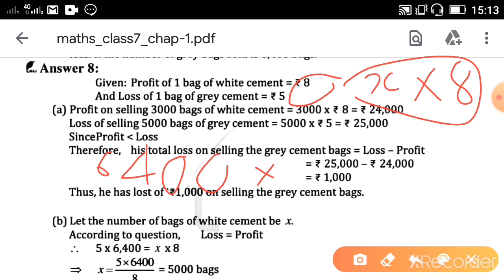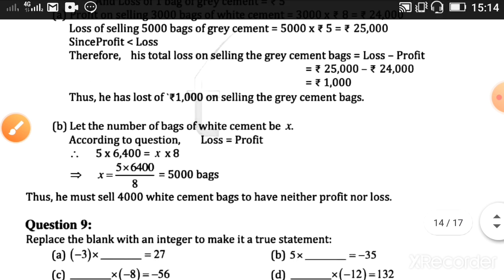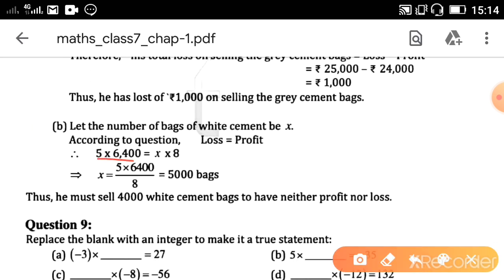How much loss? 5 rupees. So 6400 into 5, and the condition given in the question is that there is no profit, no loss. That condition we have to use to solve the equation, to solve the sum. So both are the same here.